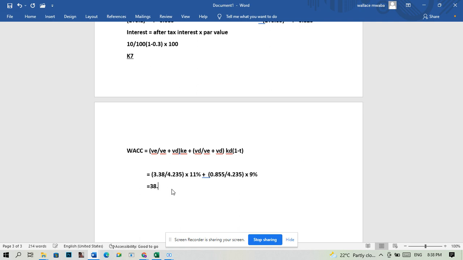What was 3.38 divided by, it was 0.798, if I'm not mistaken. Please correct me if I'm mistaken. Times 11%.